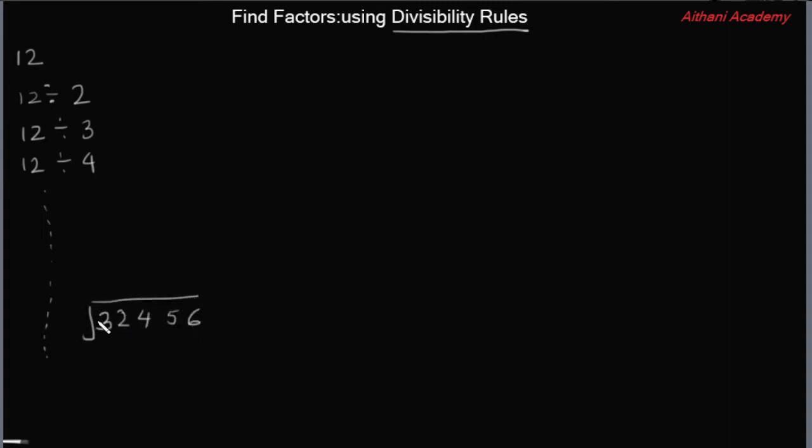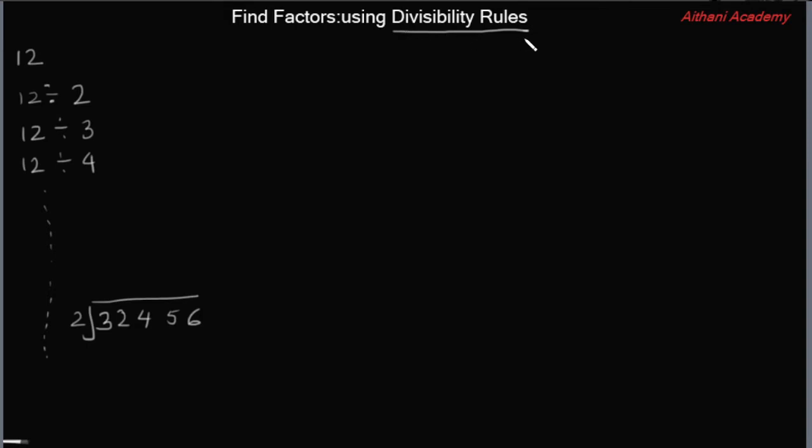And each time I have to divide by 2, 3, 4, 5, 6, and so on to see if this number is divisible by 2 or not, right?